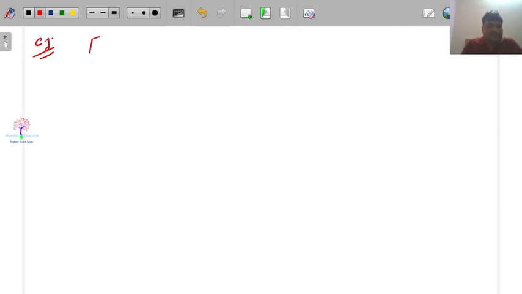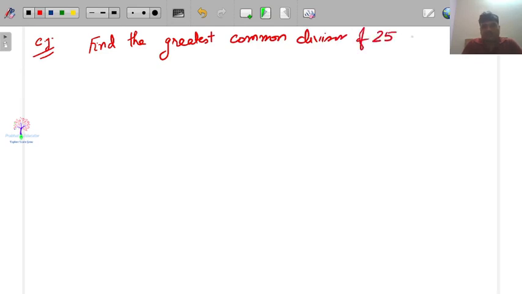find the greatest common divisor of 25 and 60.